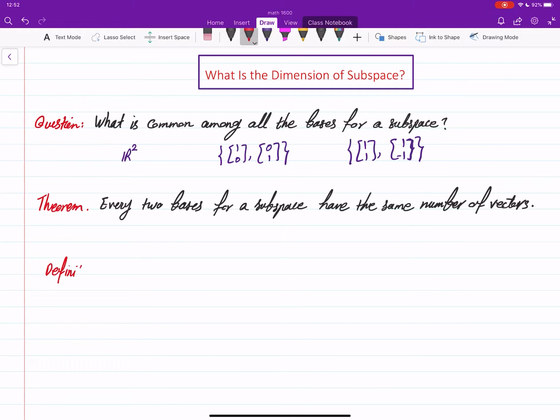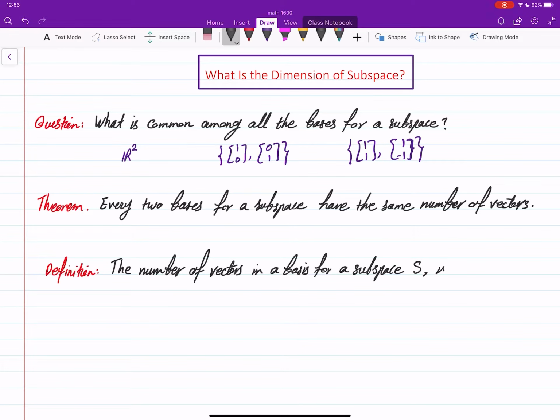And we call it the dimension. The number of vectors in a basis for a subspace S is called the dimension of S, and we denote it by dim S. Well, this is only one basis, but we know that all other bases are going to have the same number of vectors.